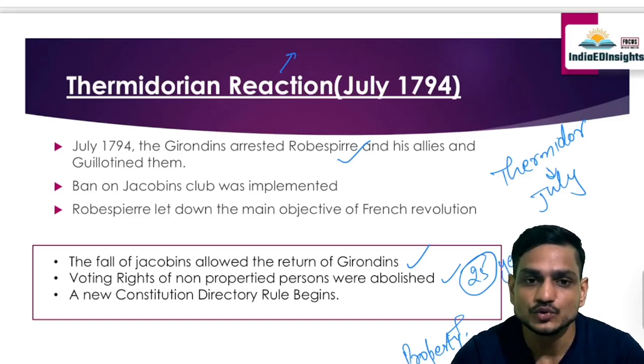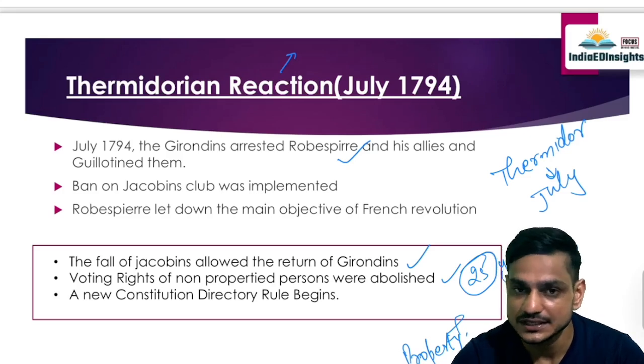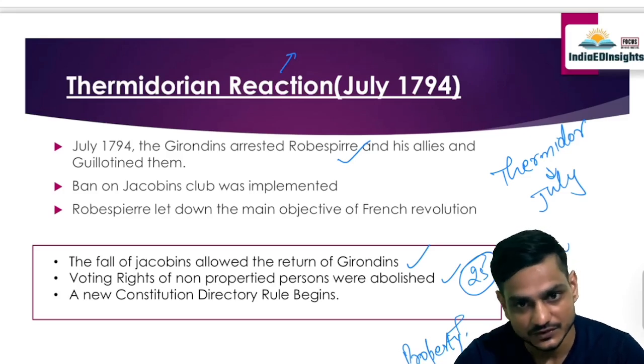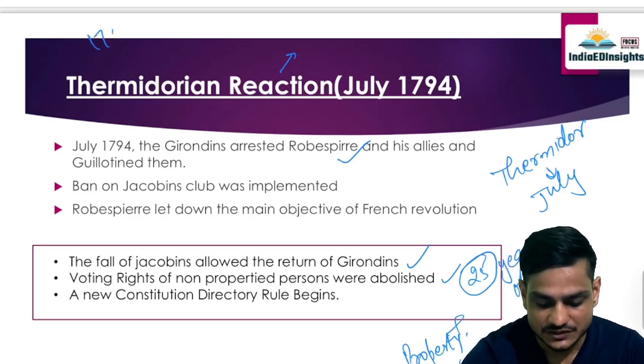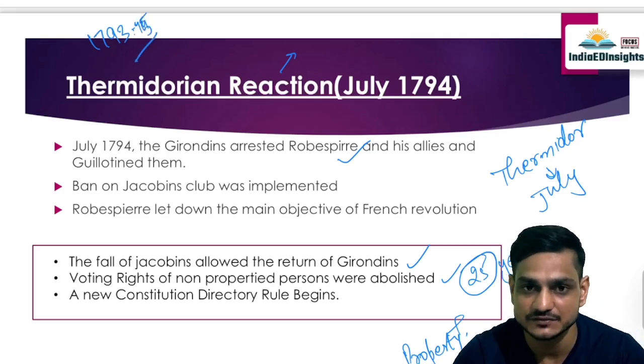Next one is a new constitution, Directory rule begins. So the constitution was changed in 1795. 1793, 94 and 95 is 1793 to 1795.